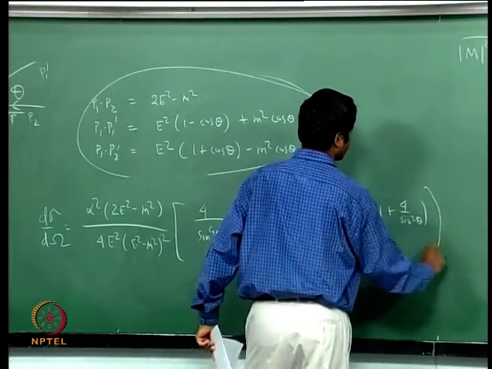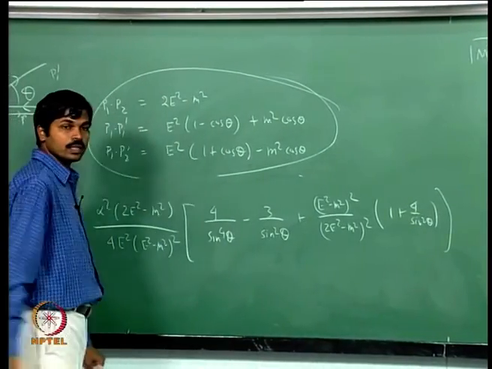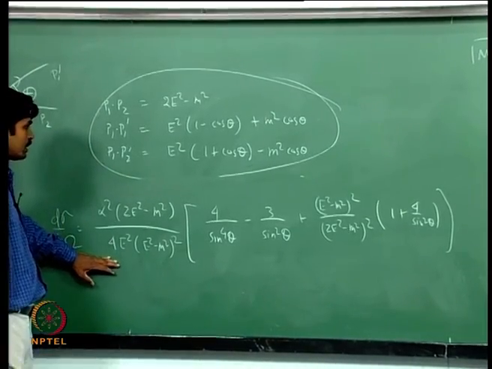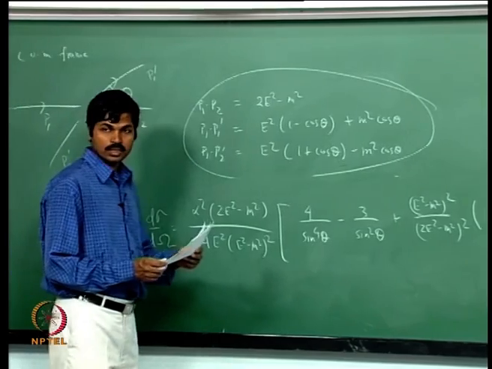So, this is the expression for the differential scattering cross section for electron scattering.